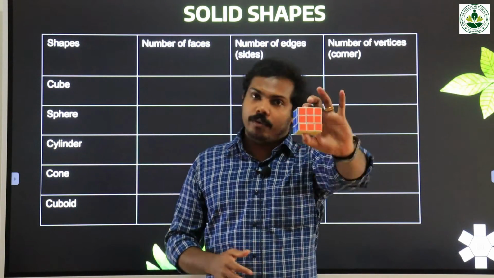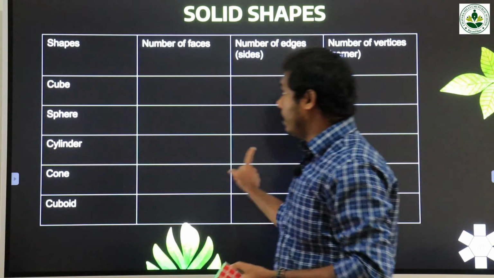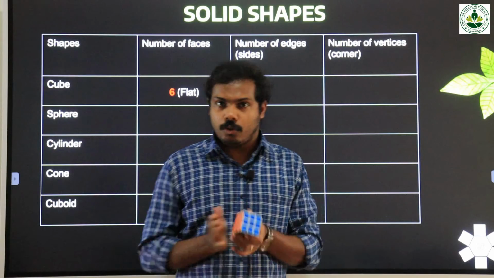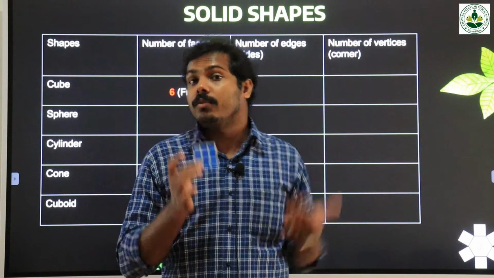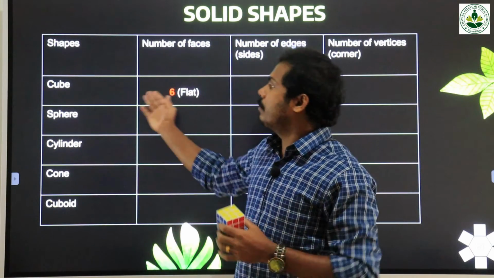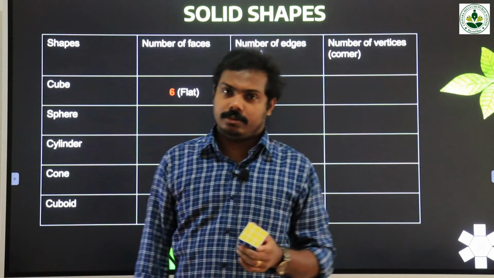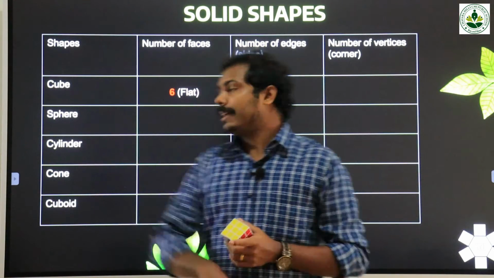So the number of faces of a cube is 6, and these are flat faces. It is not curved.